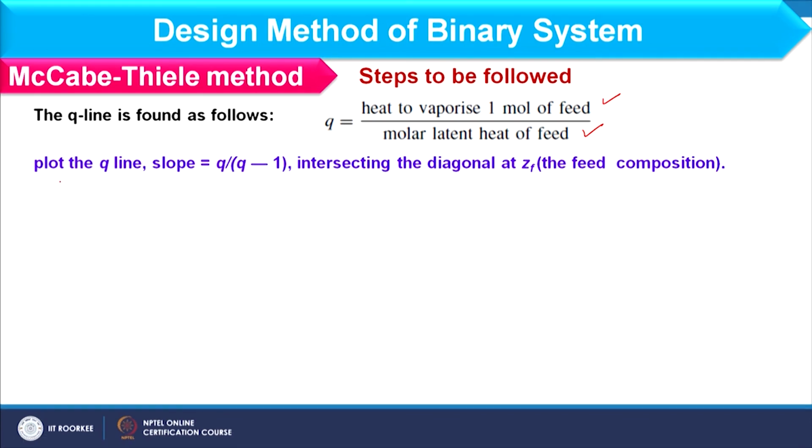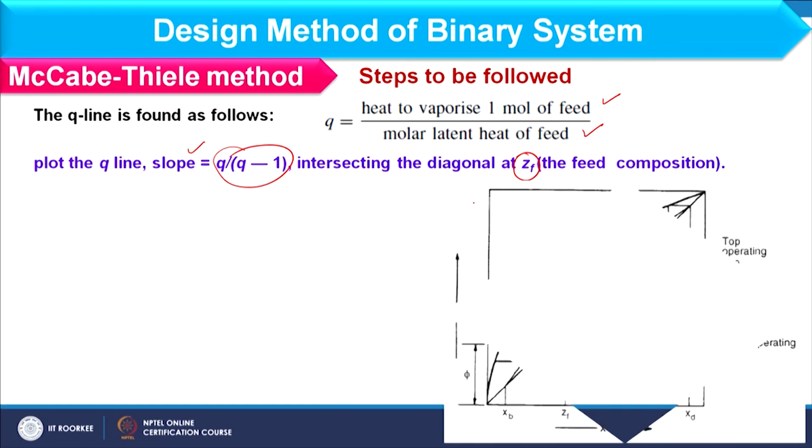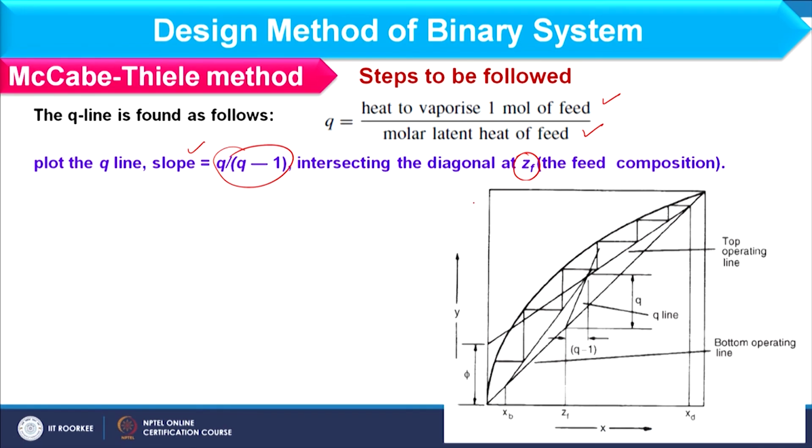So, we can plot the Q line with the slope which is equal to Q by Q minus 1 and intersecting the diagonal at ZF, which is basically the feed composition. So, if you consider this graph, here I am having the same curve, that is the equilibrium curve, like this, and here I am having the feed condition, and from this I can draw the Q line.